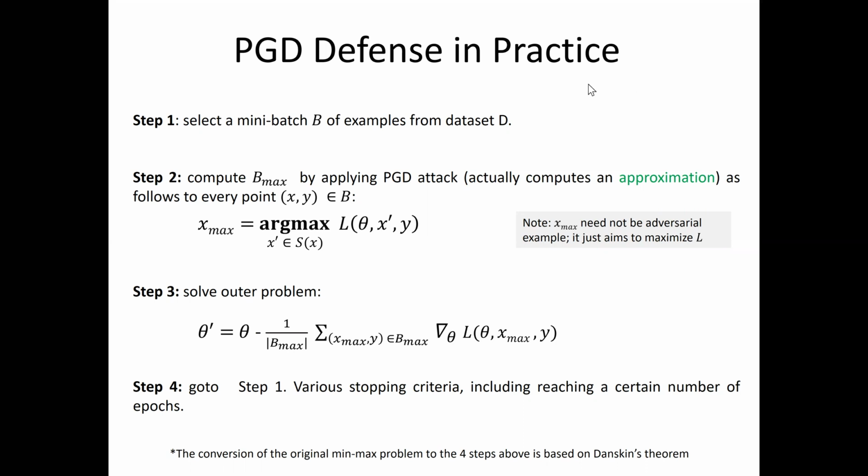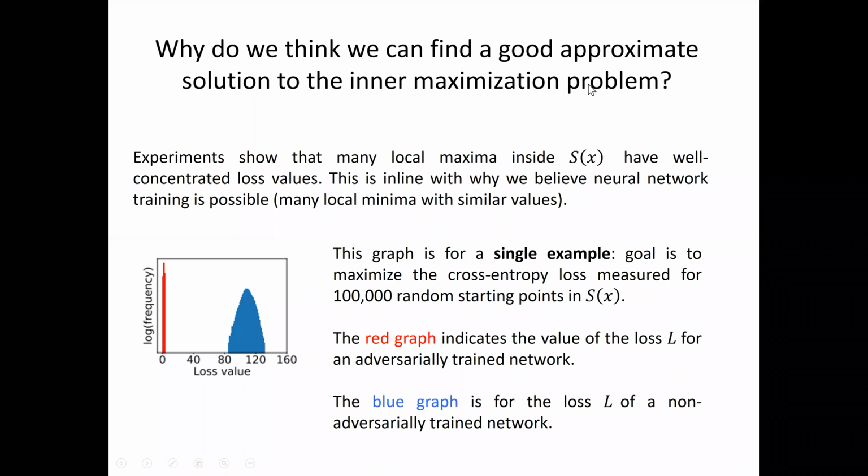Okay, so let's see. There's a little bit of discussion in the original Madry paper on various questions. One of them is why we can find good approximate solutions to this inner maximization problem. Why do we think we can approximate it well? They did a bunch of experiments, and basically what this experiment shows is that there are many local maxima inside this region, let's say this infinity ball around X, that have quite concentrated loss values.